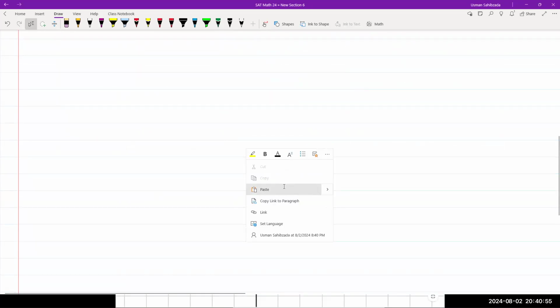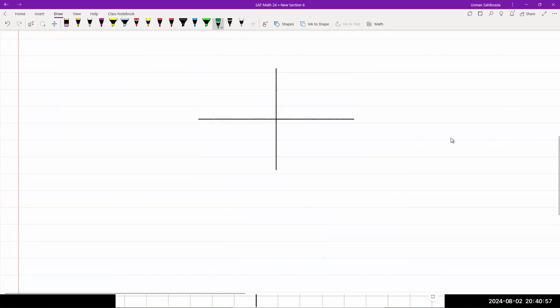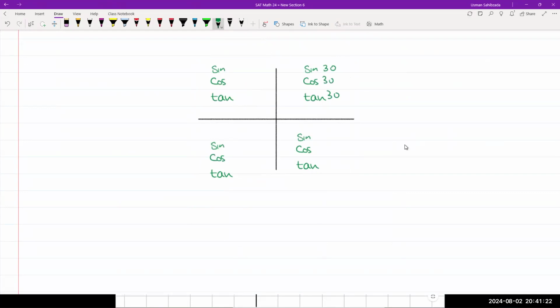How are we going to relate, let's say, sine, cos, tan of 30? 30 is an example. It could be any other angle. 180 minus 30. 180 plus 30.